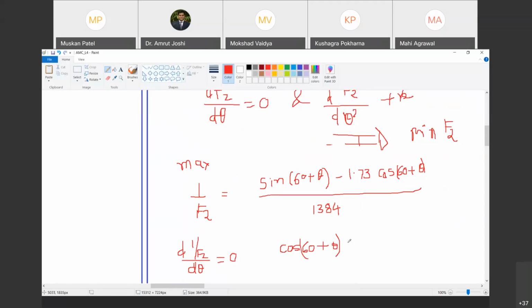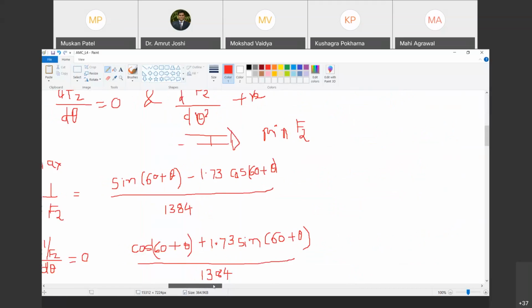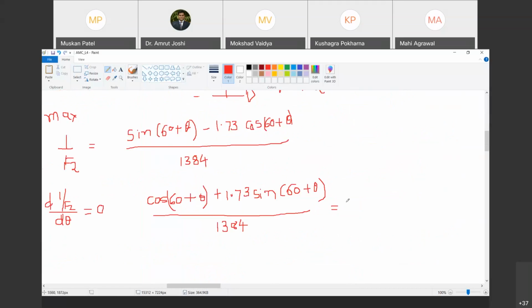That minus sign will become positive here, so it will become 1.73 sin of 60 plus theta, divided by 1384, which remains as it is in the derivative. Are you with me? Yes. This must be equal to 0. So 1384 will go on the right-hand side and you get the relationship cos 60 plus theta plus 1.73 sin 60 plus theta equal to 0.